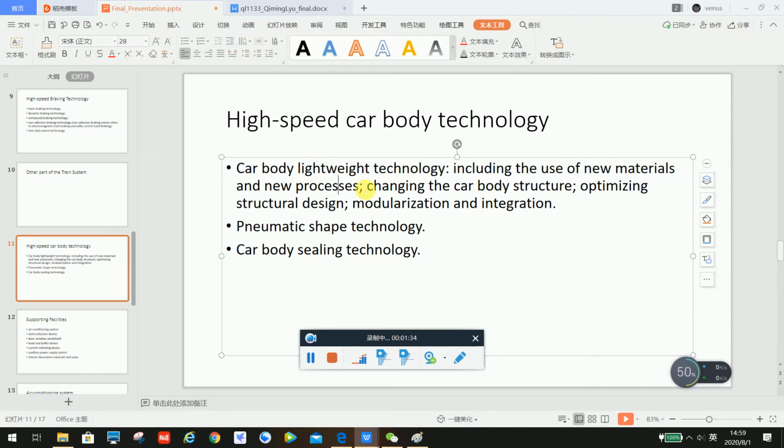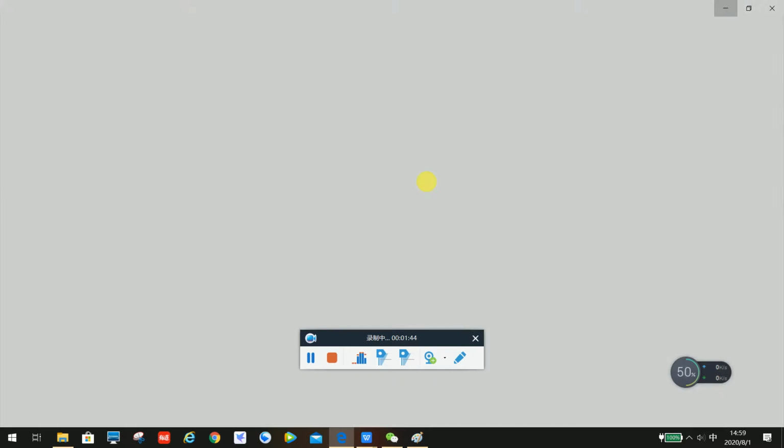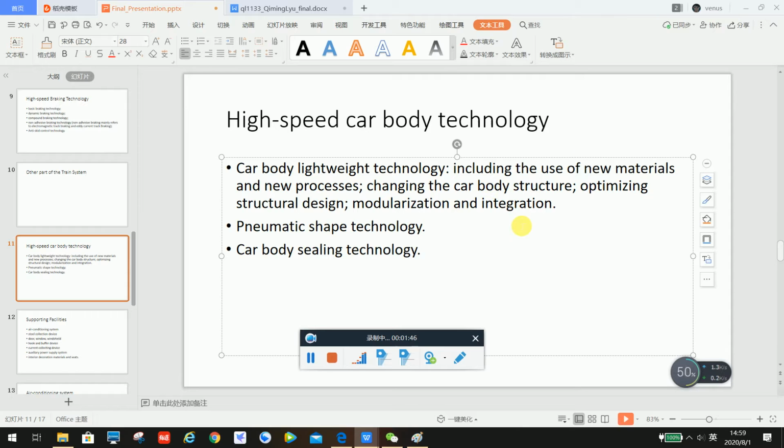Also we can change the car body structure, right? We don't want all these things. We just need a very simple design. So we need to optimize the structural design and do some modularization and integration.